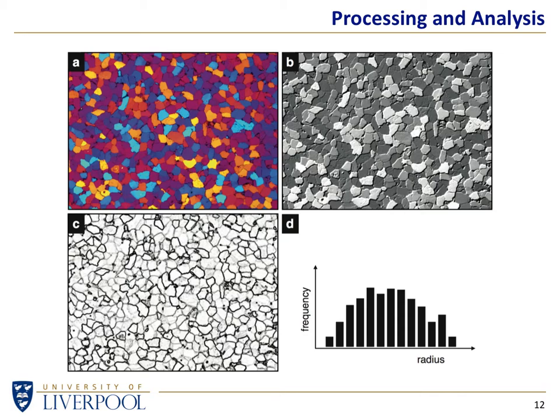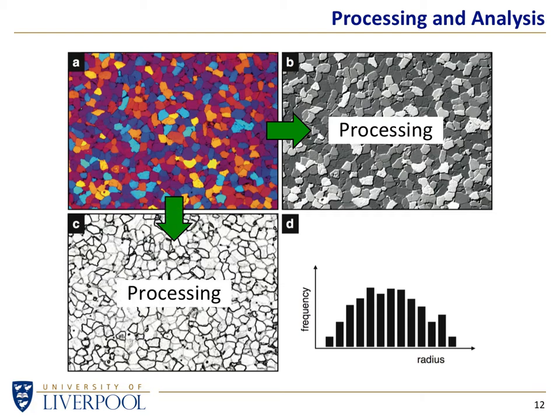But if we assume that's the starting point, an image containing certain grains of the sample, it is possible to process that image and generate another image, perhaps one that highlights the edges, the grain boundaries between the grains, and highlights the structure. In this particular case, we've processed it in such a way that what's going on inside the grains is essentially irrelevant, and only the network of grain boundaries is shown.